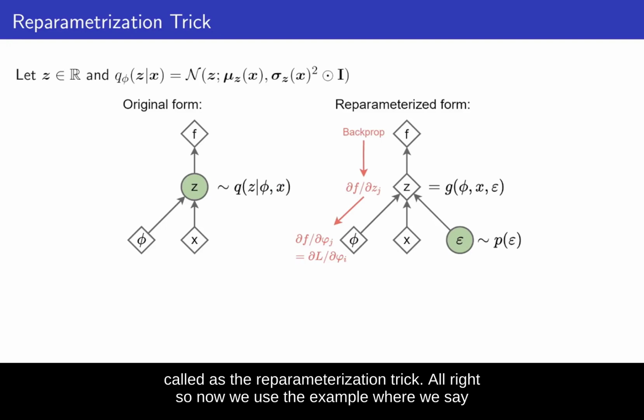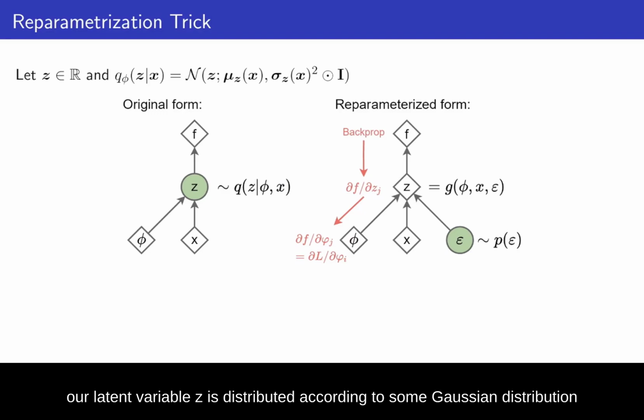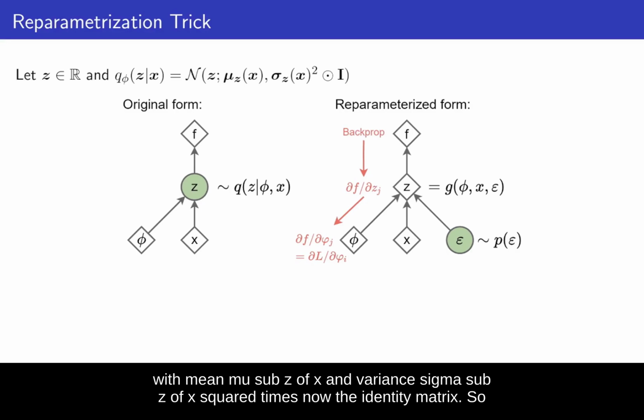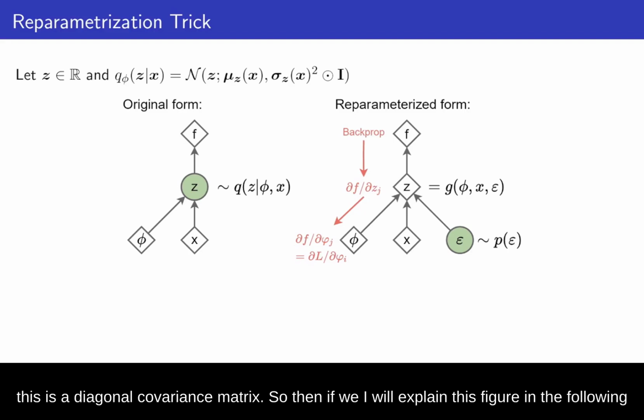All right, so now we use the example where our latent variable Z is distributed according to some Gaussian distribution with mean mu sub Z of x and variance sigma sub Z of x squared times the identity matrix. So this is a diagonal covariance matrix. I will explain this figure in the following slides.